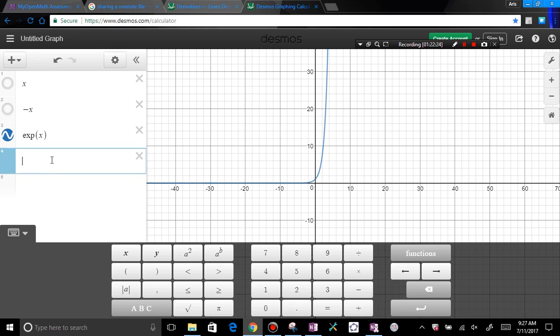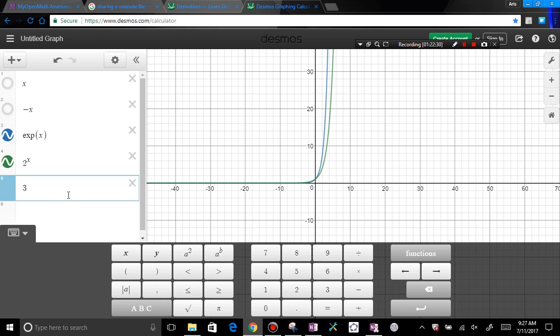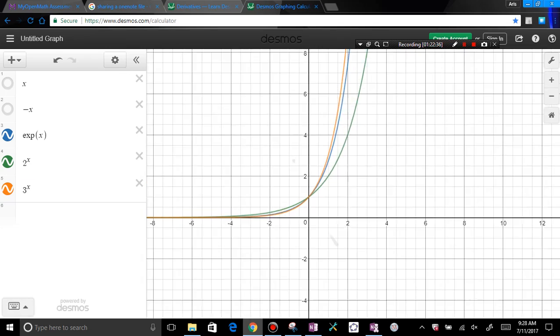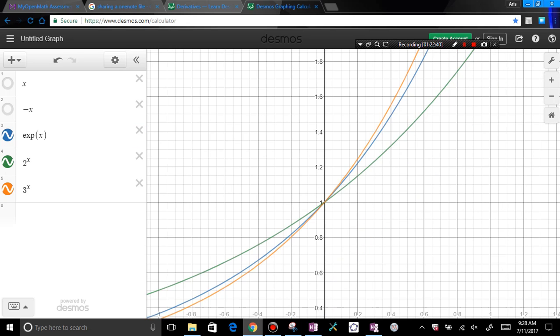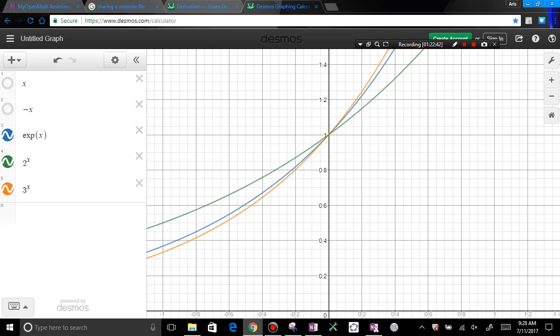There it is. 2 to the x is that one. 3 to the x is that one, right? Let's zoom in. Which is which? You can see, right? That before 0, they switch the order of greatness, right?